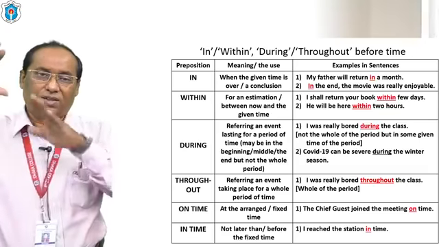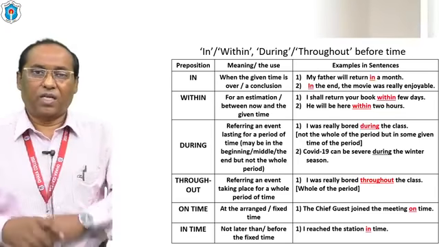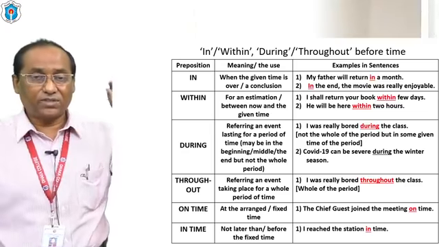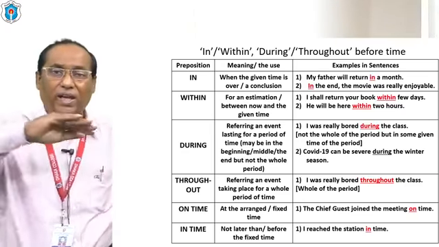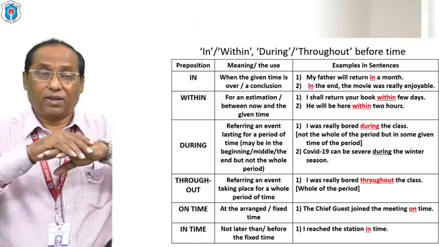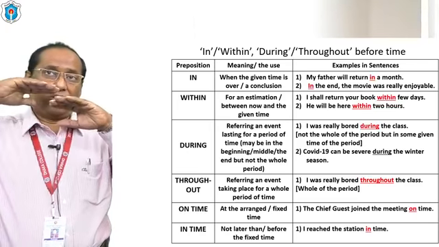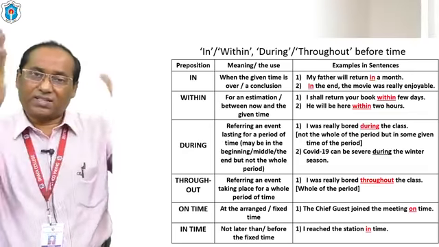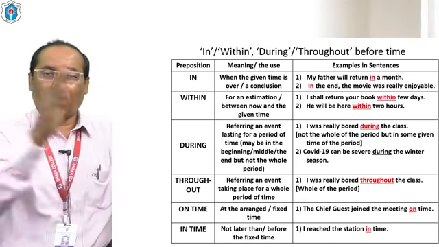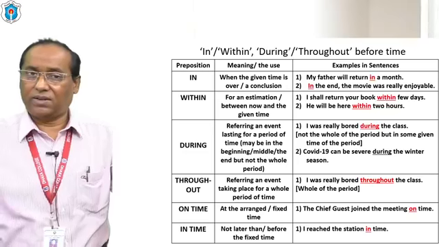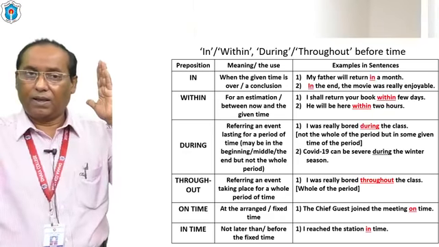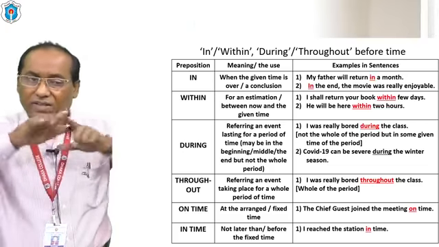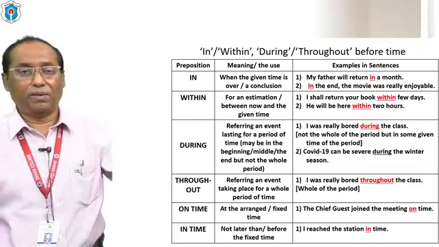I was sick throughout the whole week. It means that I was sick from the beginning to the end of the week. So, during means a certain time of a given period, while throughout means to express the whole period of the given time.